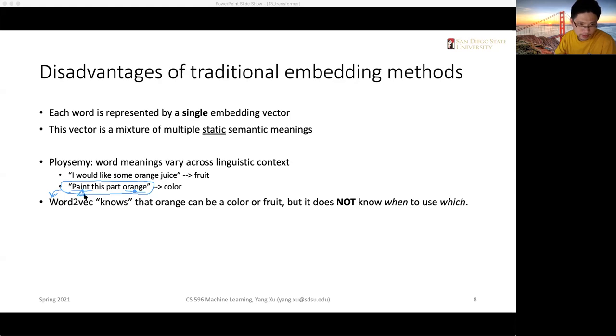So the model captures this co-occurrence relationship and knows that orange relates to paint. Also, in another sentence, the model knows the word orange co-occurs with the word juice. It knows orange has some meaning related to juice, but it doesn't really know which semantic meaning to choose. It only has one representation, not separate representations.